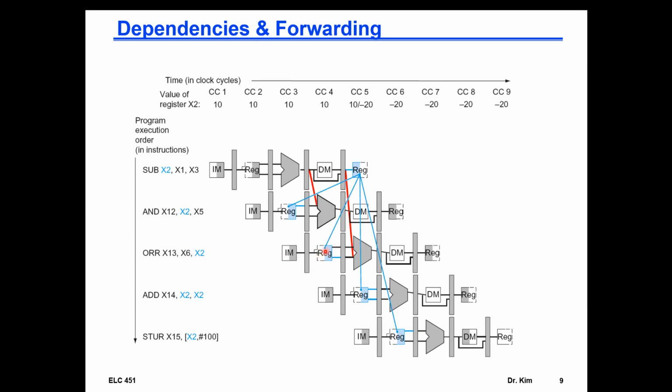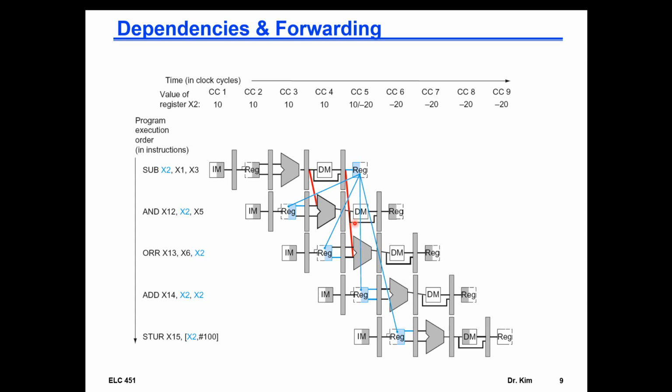At that time, we are fetching the OR instruction. And here we are reading registers 2 and 6. But the right value of register 2 now is over here. So for the execute stage of the OR instruction, we forward it from the output of the next pipeline register.